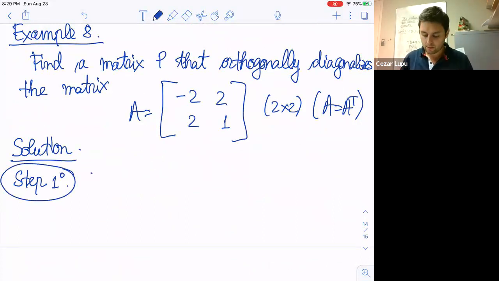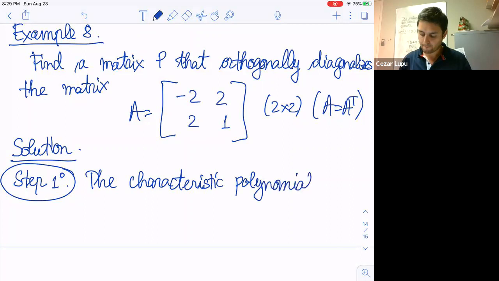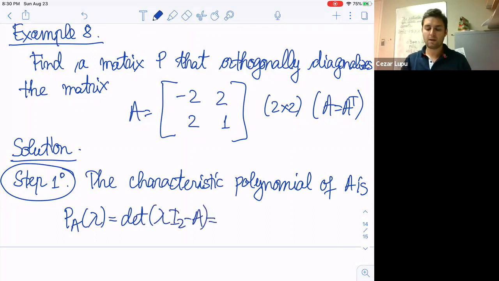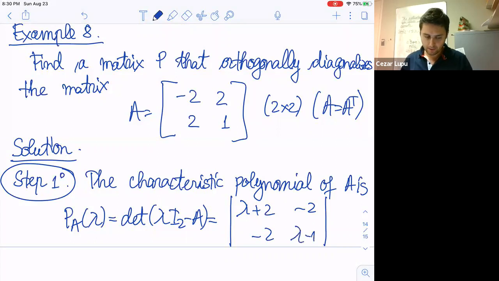So to do that, we have to write the characteristic polynomial of A, which is given by P of lambda equals the determinant of lambda times the identity minus A, which is the determinant of lambda plus 2, -2, -2, and lambda minus 1.